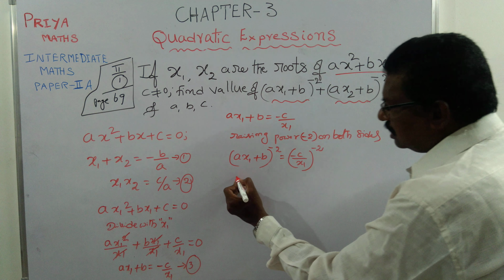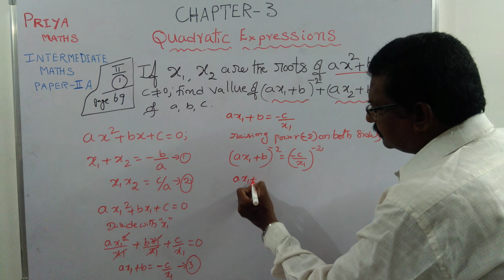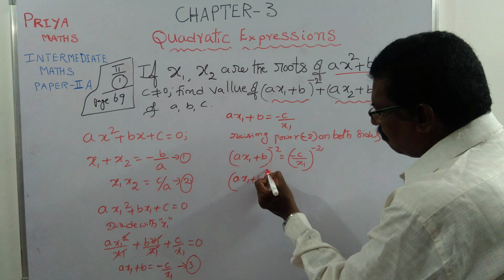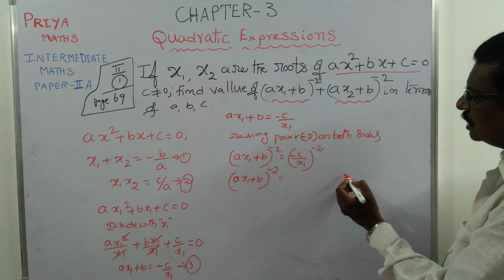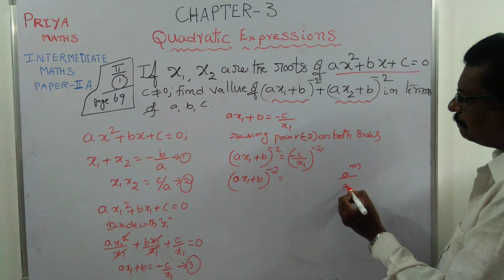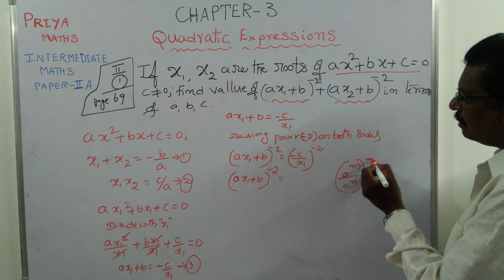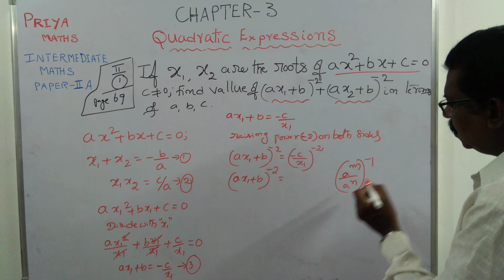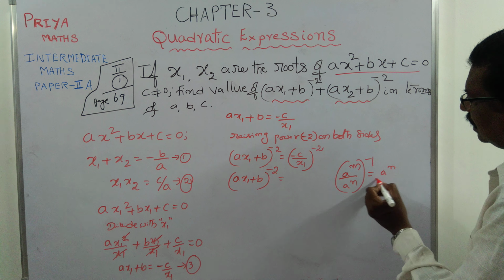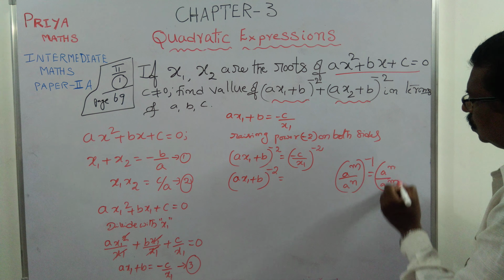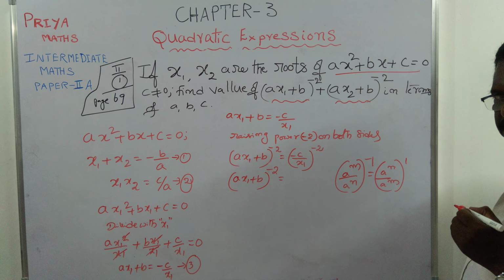So (ax1 plus b) whole to the power of minus 2 is equal to, using the rule, (a power m by a power n) whole to the power minus 1 is a power n by a power m whole to the power 1.